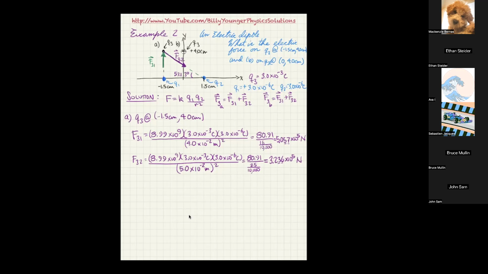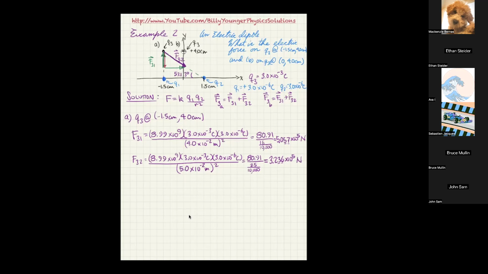If I start from the tail of it, which is that black dot where Q3 is in part A, and move parallel to the x and y axes to the head, then I either go down first and then go right, which happens to be a positive direction, or I go right first, which would be a positive direction, followed by down, which would be a negative direction. But you see that I get those 2 vectors, the red guy and the green guy.